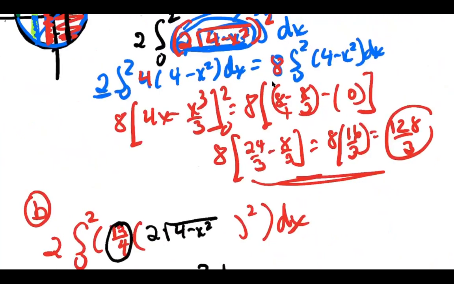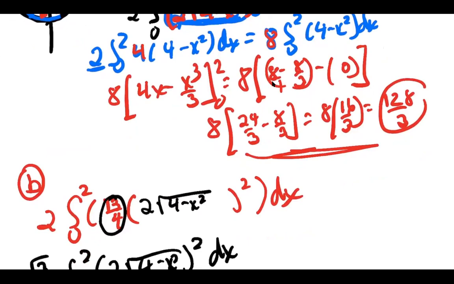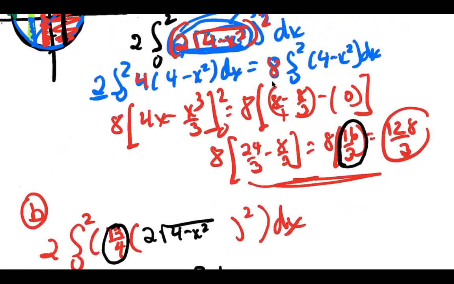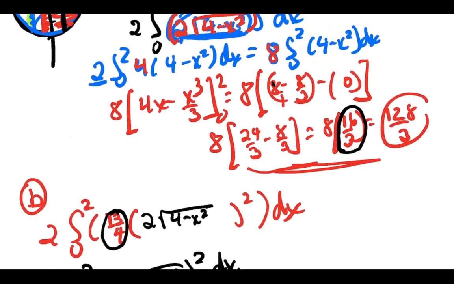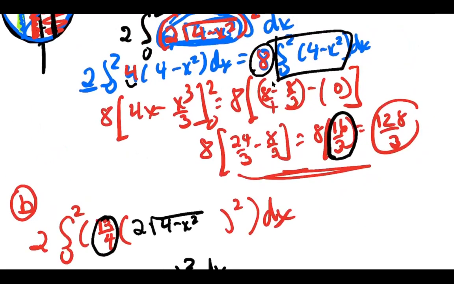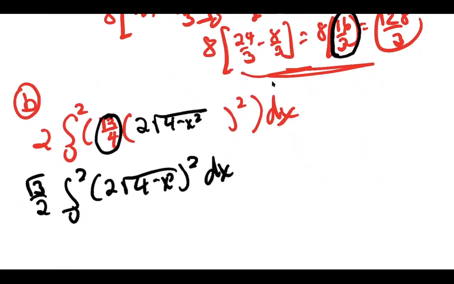Now, did I get that answer all by itself? I think that answer is 16 thirds, because that's what I got for, oh no, it's not. Yes, it is. All right, because I squared it and got this 4. I pulled it out and got this 8. And so whatever I multiplied 8 by must have been the integral. Oh, wait, I have to be careful. All right, let's take another step. This is square root of 3 over 2, integral from 0 to 2.